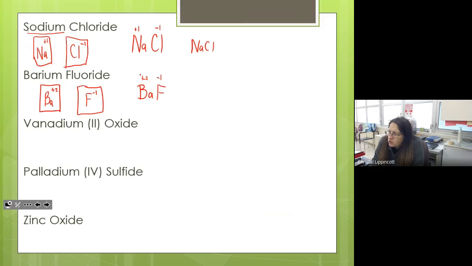So what I've got to do is figure out how I can get this to an overall charge of 0. So if this is +2, what can I multiply this -1 by to get this to a -2? What times -1? Put up your fingers. There we go. I'm getting some 2s there. Good job. So we're going to put that as a subscript. So our formula for this is BaF2.